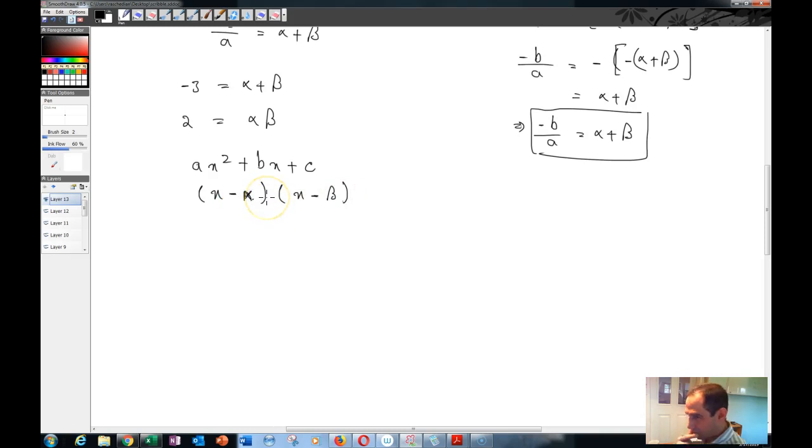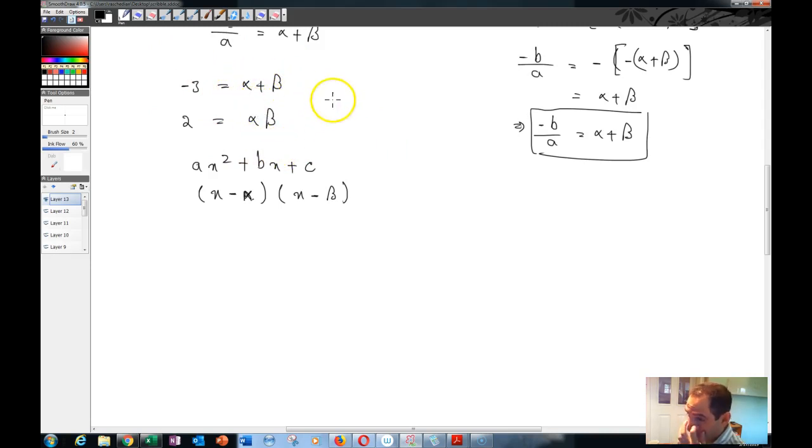Okay, so now I know that alpha plus beta is equal to negative 3, alpha beta is equal to 2. So you can use these two equations simultaneously in order to solve for alpha and beta.